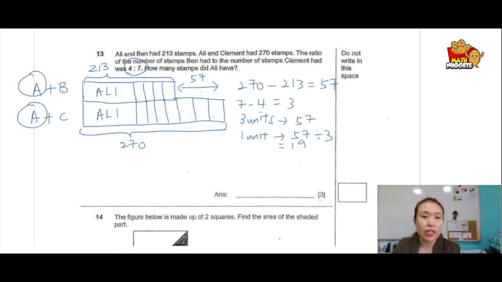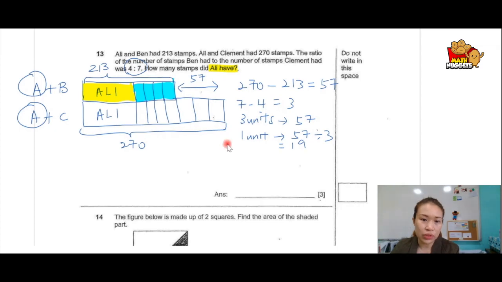The question wants us to find Ali. So this is what we want to find. So in order to find Ali, I first need to find Ben. If I know Ben here, 4 units, I'll be able to find Ali.